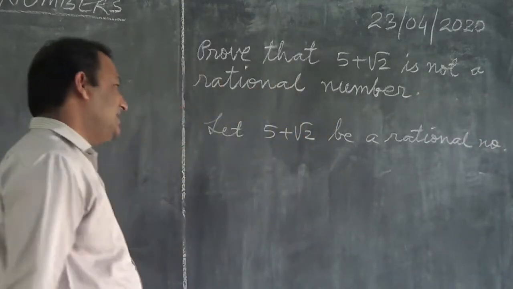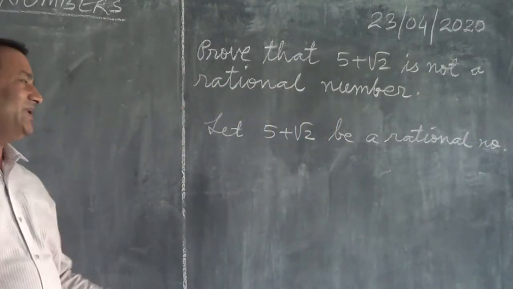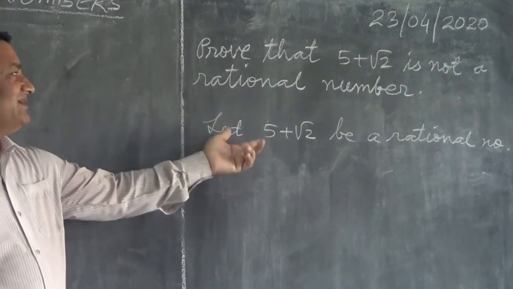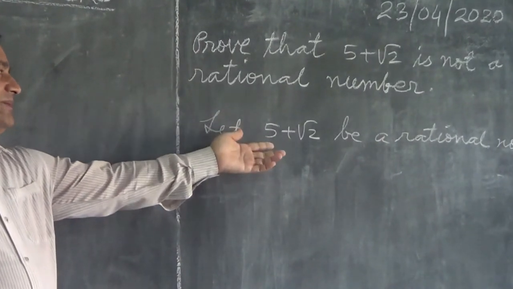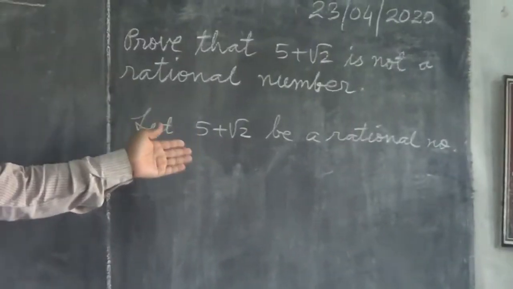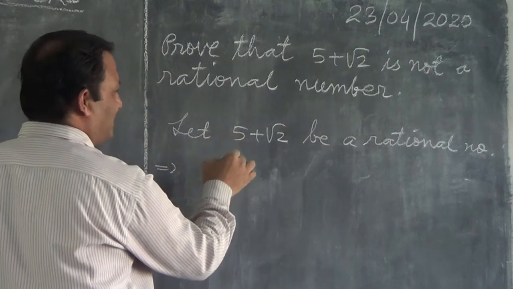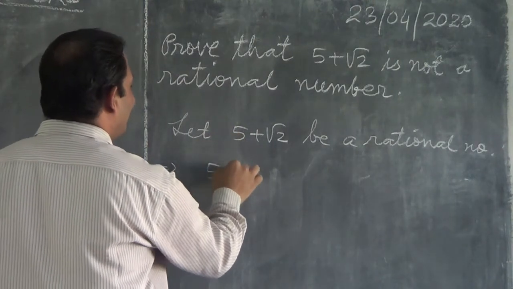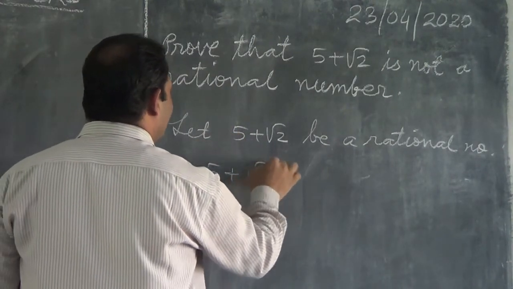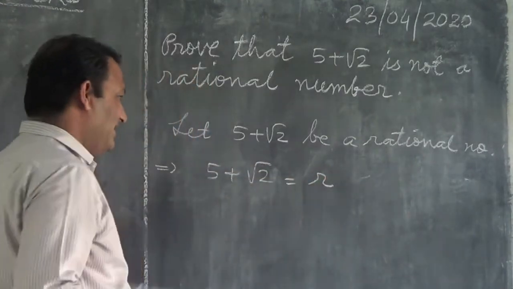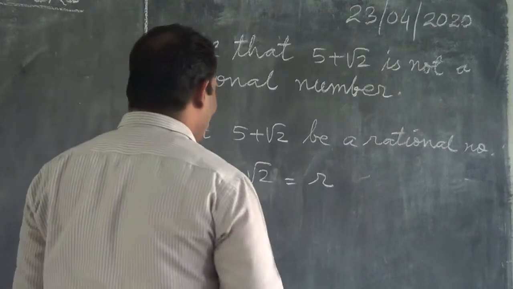In the contradiction method, we take a contradictory statement. Means we are taking, if possible, let 5 plus root 2 be a rational number. So if it is a rational number, it has all the characteristics that a rational number should have. That implies 5 plus root 2 equals r, I am taking. r is a rational number.